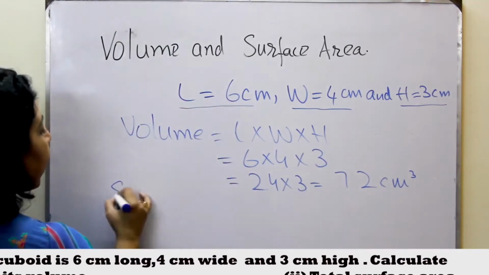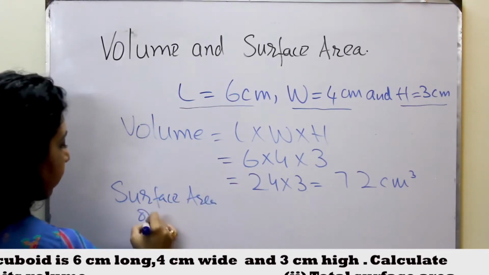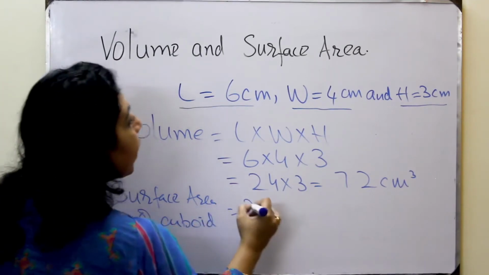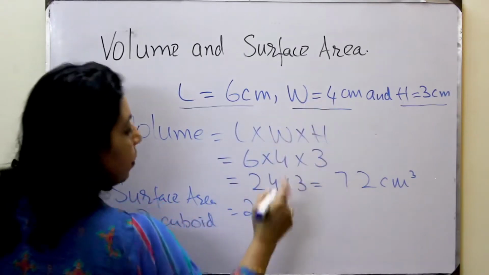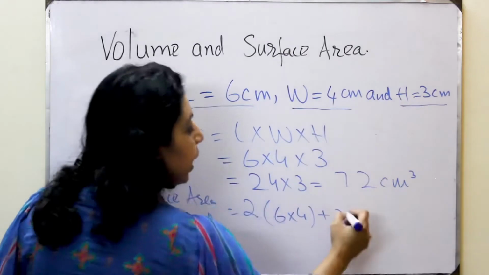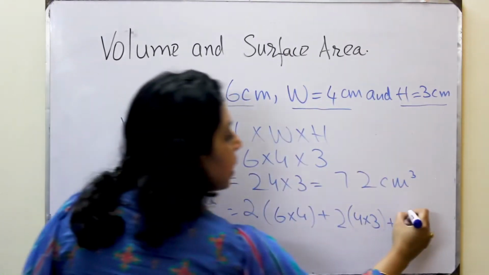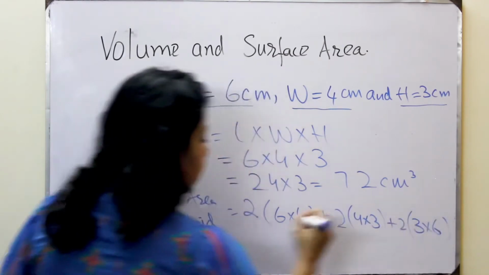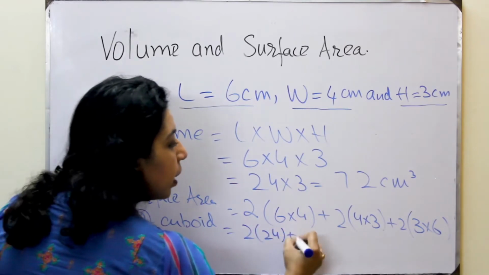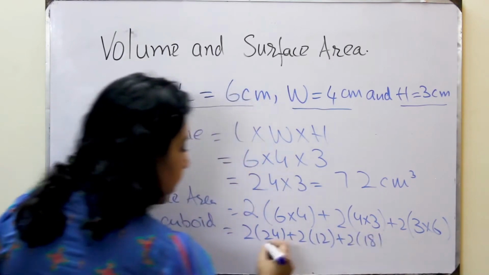And when you have to find the surface area of the same cuboid, you will take twice L into W, 6 into 4, plus twice 4 into 3 and then twice 3 into 6. 6 times 4 is 24, 4 times 3 is 12 and 3 times 6 is 18.